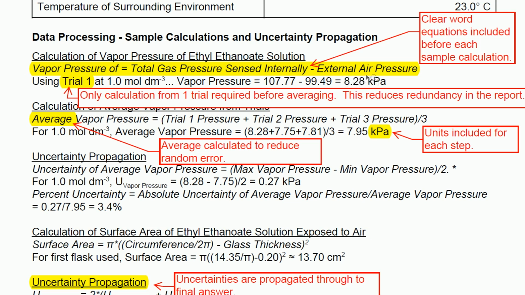So you can see that 8.28 was calculated once, but the student has not shown where 7.75 or 7.81 has been derived from. And this is because we assume that he has followed the same process as shown by trial number 1.